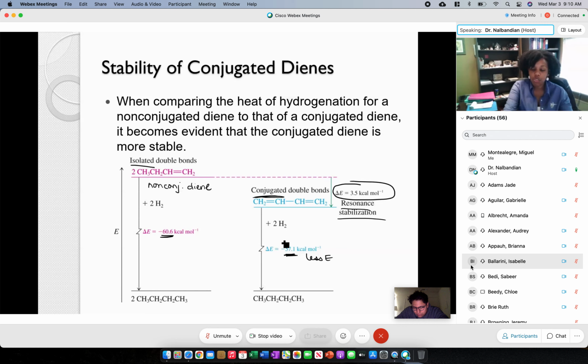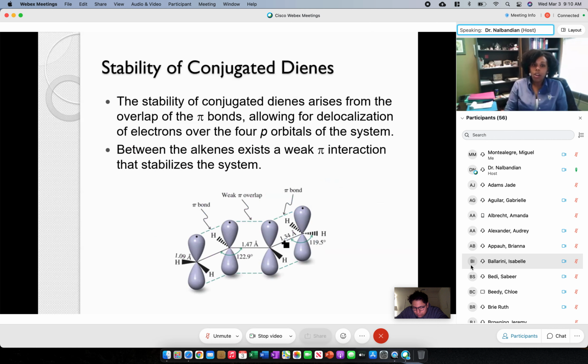Why do we see this resonance stabilization? Well, it's because we get this overlap of these pi bonds. So here we're talking about this 1,3-butadiene. Each of these carbons has a p orbital on it, and with that p orbital, we get this overlap above and below that allows us to make this double bond.